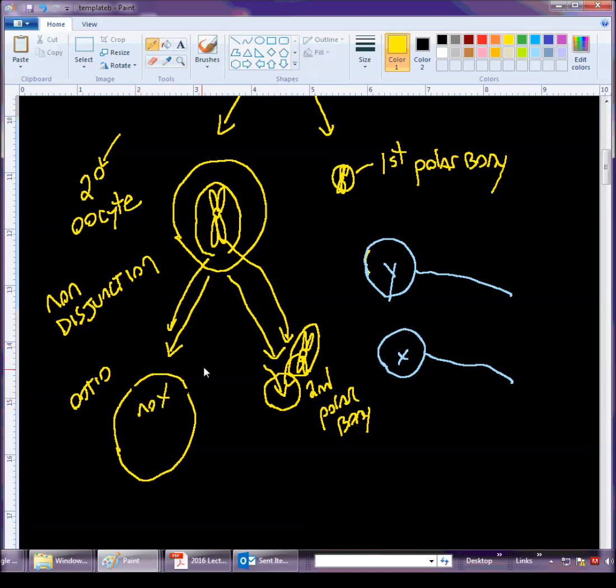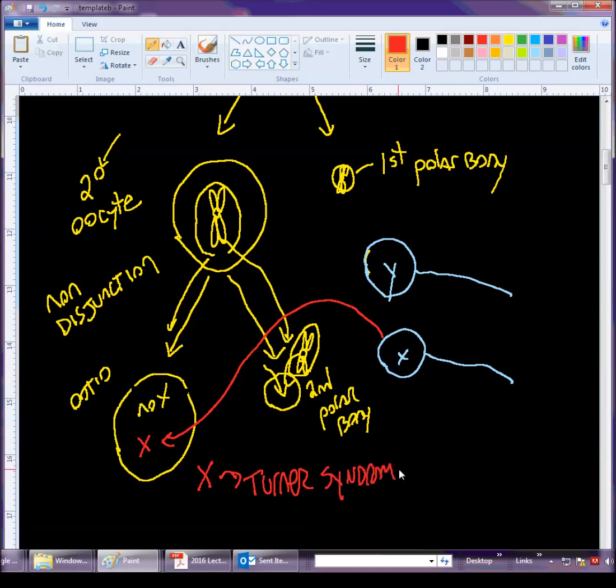Now, if this is fertilized by an X chromosome, this zygote will have just one X. So this would be a zygote that develops into a female with Turner syndrome.